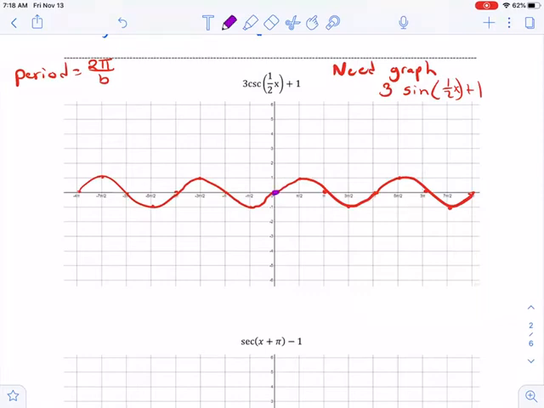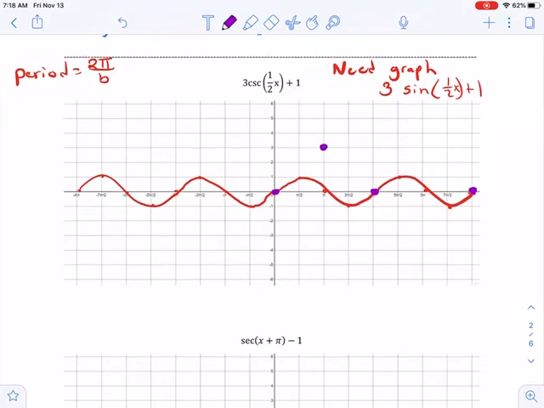So amplitude switching to 3, and this is going to take until 4 pi to fully complete. And since my amplitude is 3, halfway in between those, I'm going to be up at 3 or negative 3.